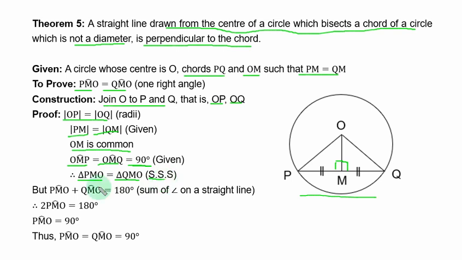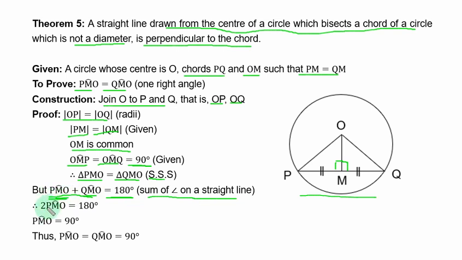Equal sides. But if you add the two angles, angle PMO plus QMO, the sum is equal to 180 degrees, sum of angles on a straight line, but two angles are equal. Therefore we can replace this with PMO, or you replace this with QMO.